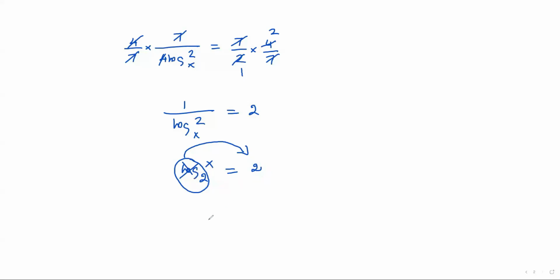So x is equal to 2 squared, which is 4. We have solved for x. The value of x is 4.